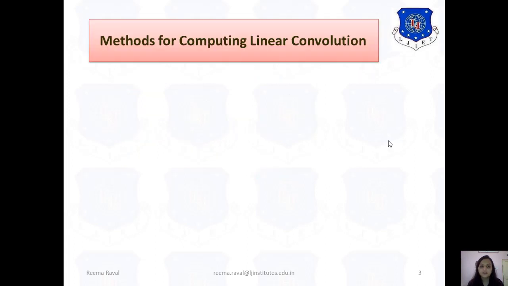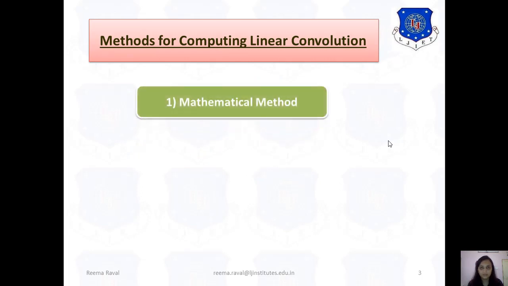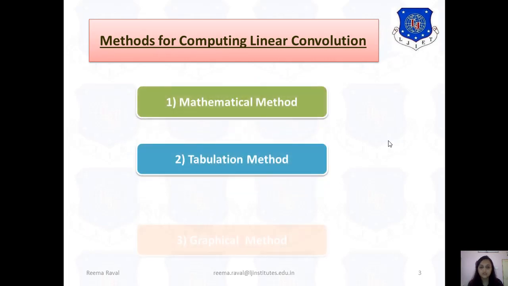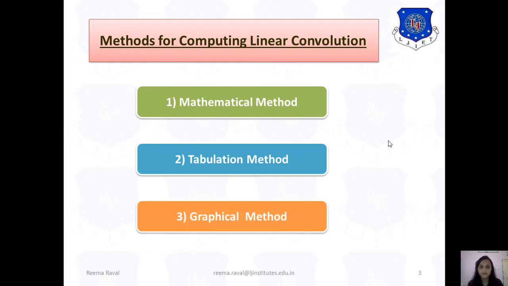We have seen the methods of computing linear convolution. There are three methods: first, the mathematical method; second, the tabulation method; and third, the graphical method. And we are seeing the mathematical method here. So let's consider one more example for the same method.